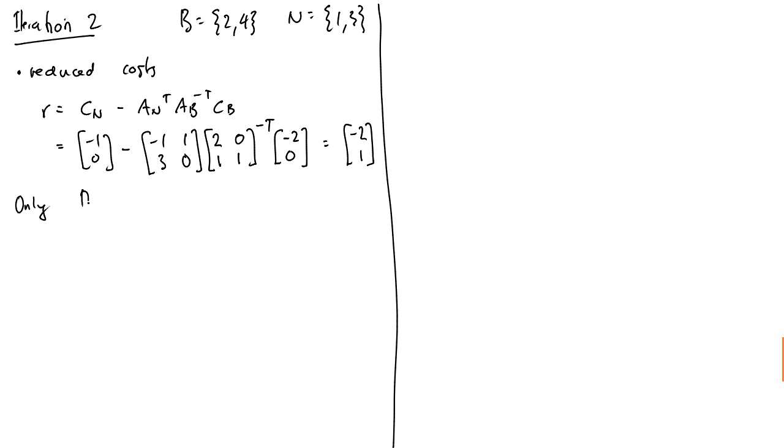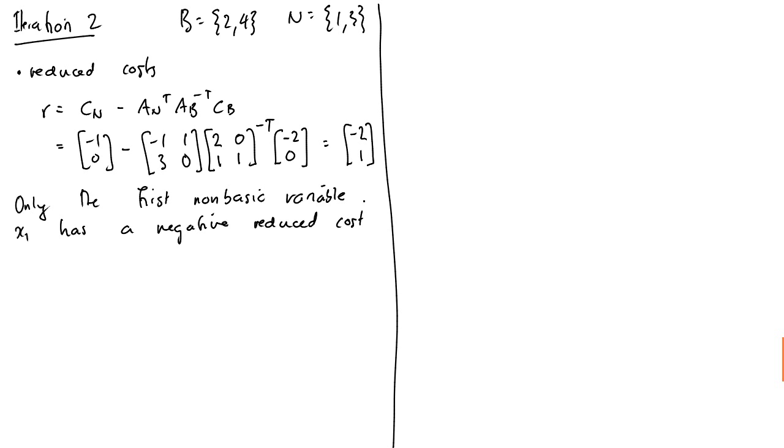So only the first non-basic, x1, has a negative entry, or negative reduced cost. So we choose x1 to be the entering variable.